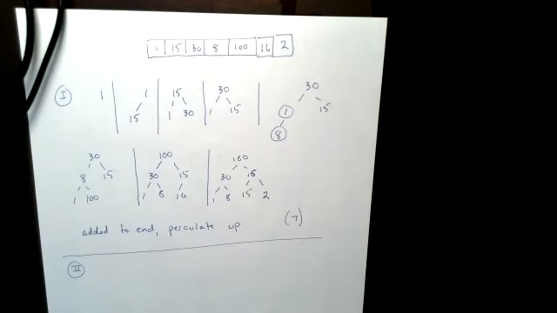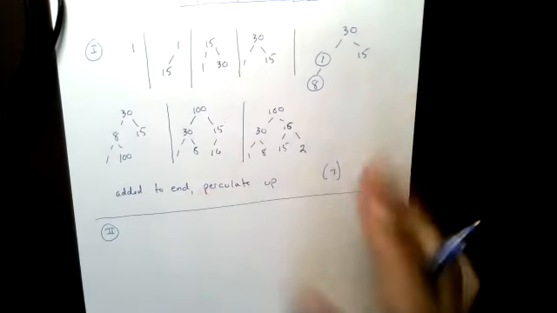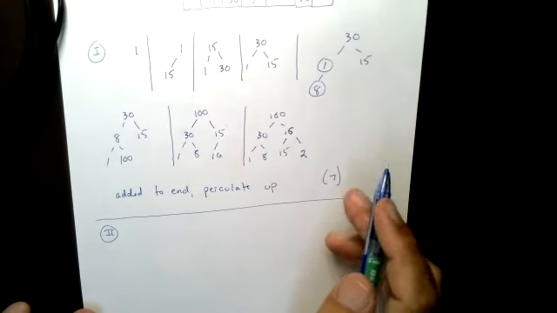So the first option to inserting items is what you see above. Add the item to the end, percolate up. The second option is going to be a little bit different, a little more efficient.